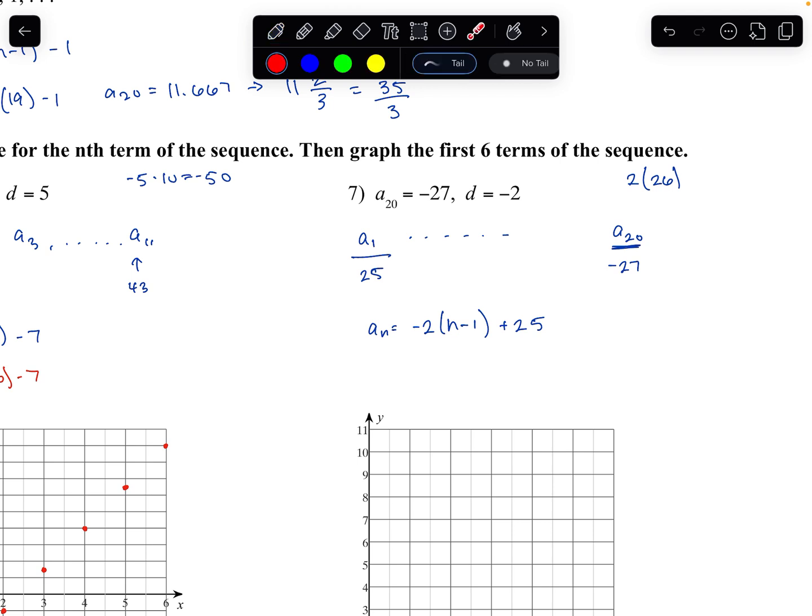And if I want to find the 20th term, I'll put that in here. Right now it seems like it's working. So negative 2, you guys can probably see what I'm doing wrong, and you're just rolling your eyes at me, times 19 plus 25.